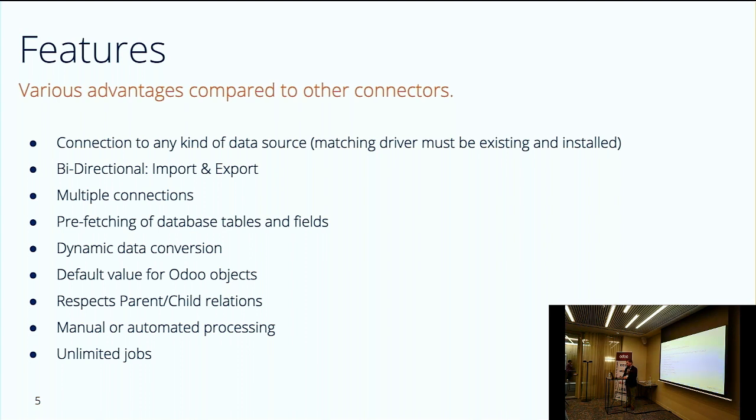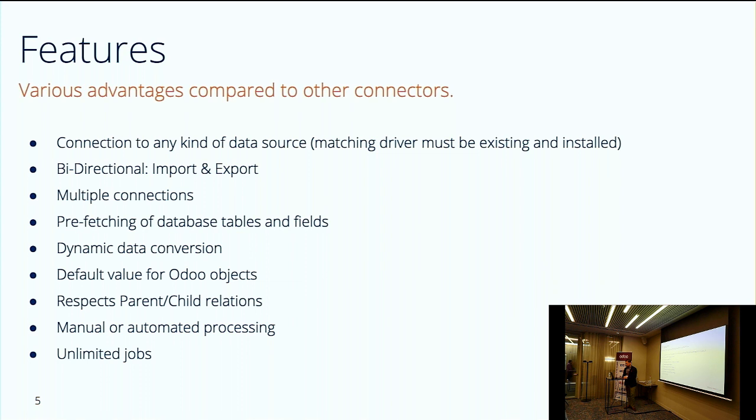What are we doing? We are fetching or prefetching the tables and fields of the source database, and then we can define which tables and which fields within the tables are going to be imported. I will explain that later, how it works in detail.